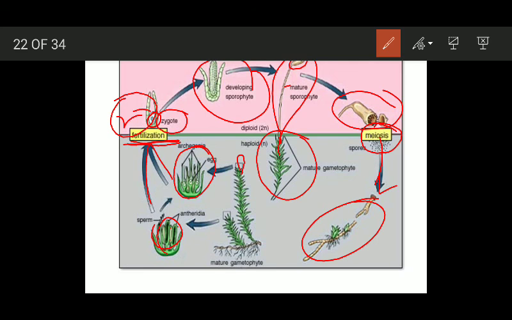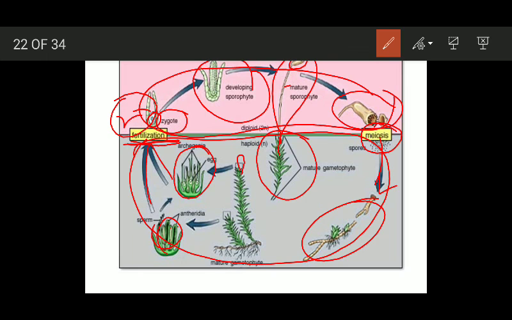So in the life cycle, you can see the gametophytic phase is the dominant, long-lived phase, while the sporophytic phase is the short-lived, dependent phase. This one represents the gametophytic phase and this one represents the sporophytic phase, 2n.